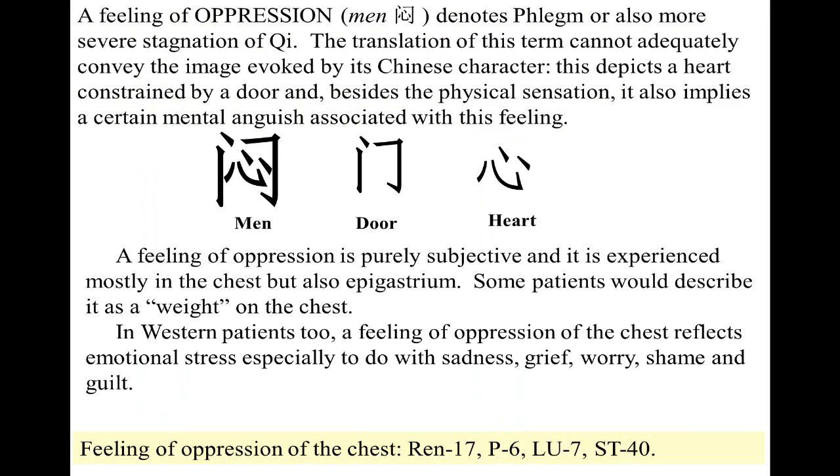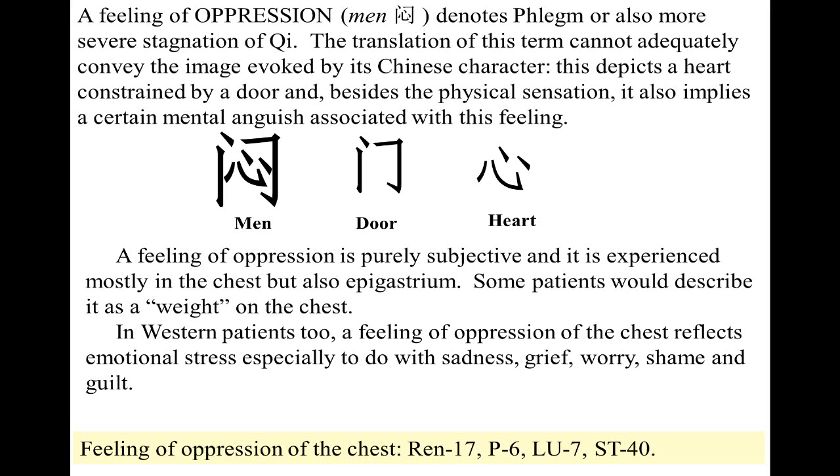So we've described or defined the feeling of distension. We now define the feeling of oppression, which is my own translation of the Chinese word men. And let's first of all describe this symptom of oppression.